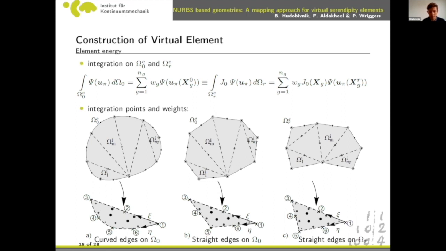Generally, we have been using the straight edge elements, but we will also show curved edge elements and compare them both with our projected formulation, which is at the end here at C. So we can find the Gauss points over each triangle of a submesh of the element, and we send these inside the element code and integrate at those points. Of course, we just have to multiply with the transformation Jacobian.